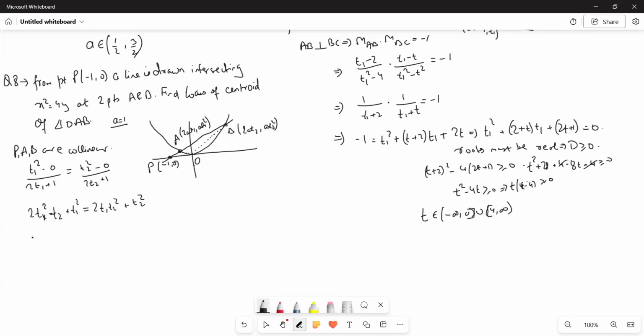Now combining the similar terms together, so they got 2 T1 T2 taken common, T1 minus T2 is equal to T2 square minus T1 square. So that will give us 2T1 T2 is equal to minus T1 plus T2. देखो ये clear है equation?